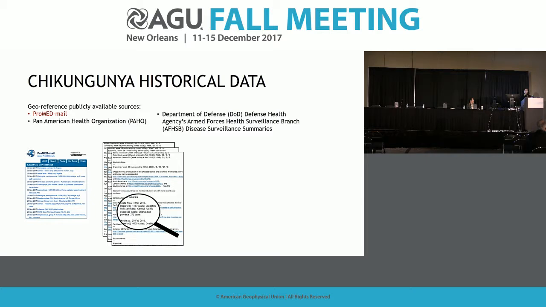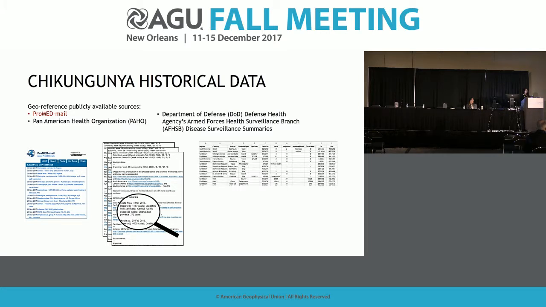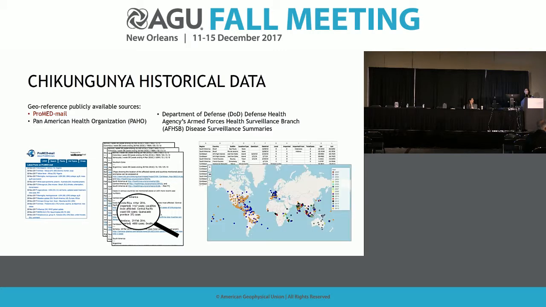Sometimes they specify even up to hospital level, and then we georeference the data to the closest location and put it into our database, where we record the location and how many people are affected. We distinguish whether there's any information about local cases versus imported cases, when it is occurring, and the time period. And then finally, we map the chikungunya outbreak globally.